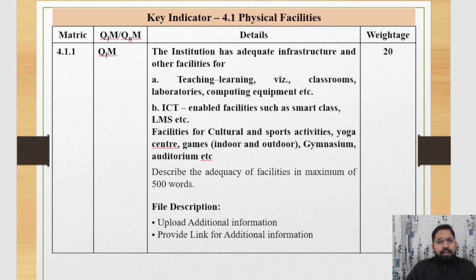And in terms of LMS and ERP system, you can add a screenshot of the ILMS and ERP facility, and as supporting evidence you can also add the annual maintenance bill of the ILMS and the ERP system.